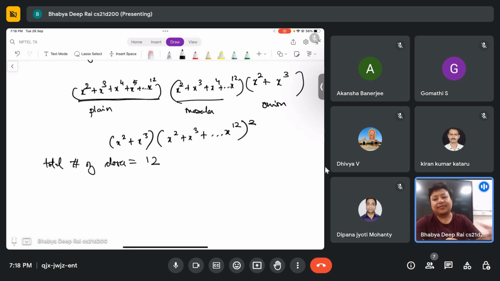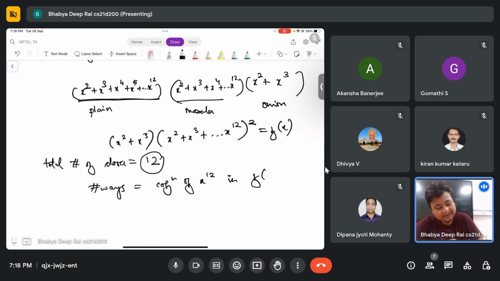And I need to find the distribution such that the total is 12. We mentioned that earlier. So the number of ways is nothing but the coefficient of x to the 12 in this particular polynomial, let's call it f of x.